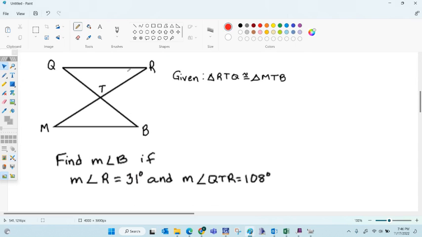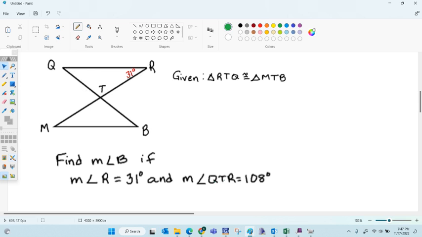Okay, so angle R is 31 degrees. And I want to label these in. Labeling your picture is huge in these problems, so please always label your picture. Angle QTR. Don't forget, in order to find out where that is, it's up here. You can trace it out.